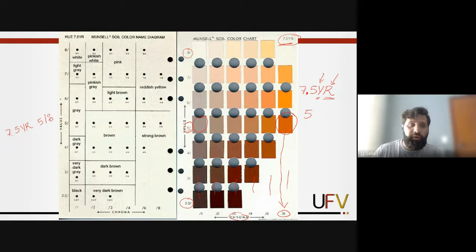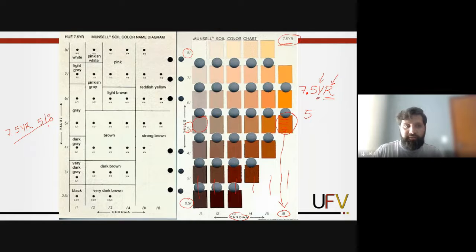So the soil description, the soil color, in this case, of this horizon that I identified here is 7.5 yellow red, 5/8, just this.